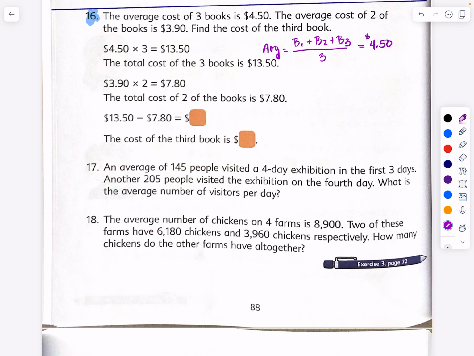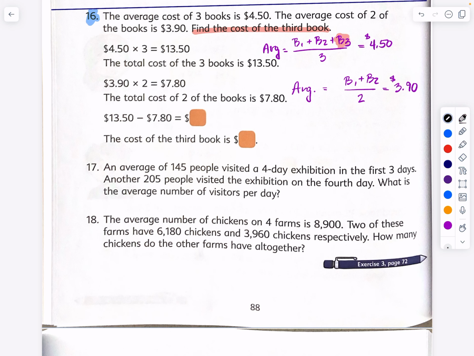The average cost of 2 books, doesn't matter which books, book 1 plus book 2 divided by 2, is $3.90. What an interesting problem, Singapore Math, I love it. Find the cost of the third book.